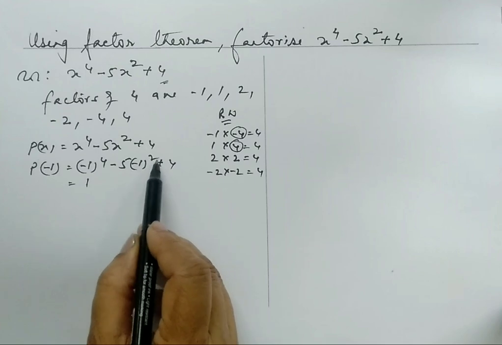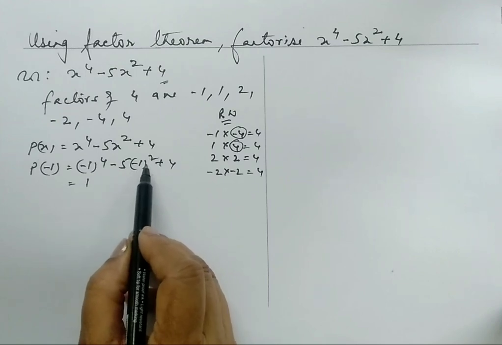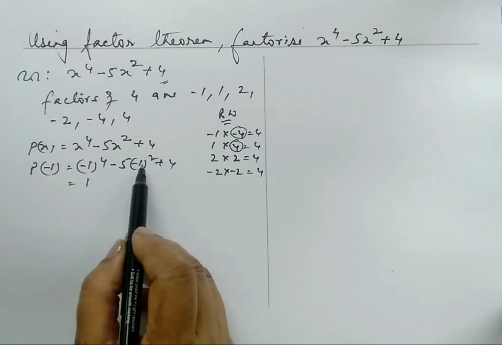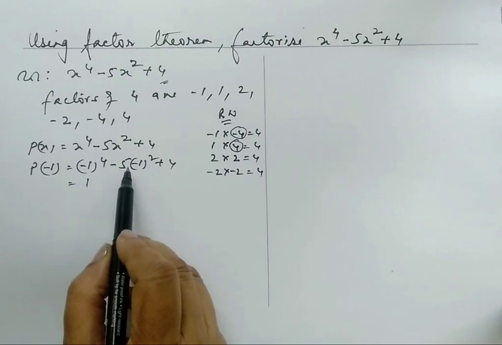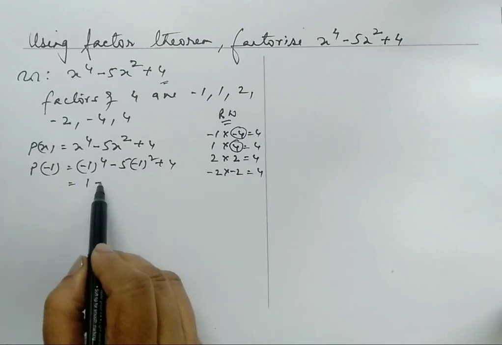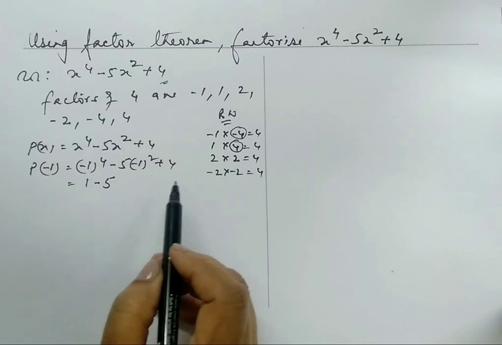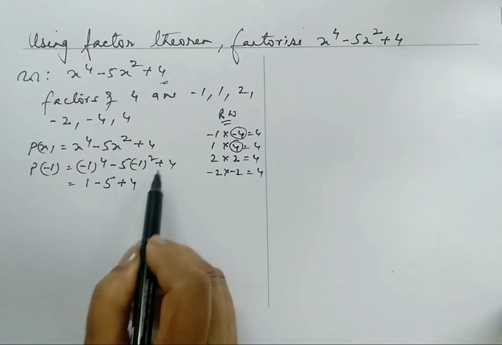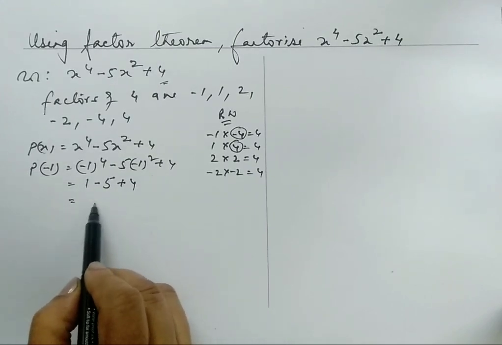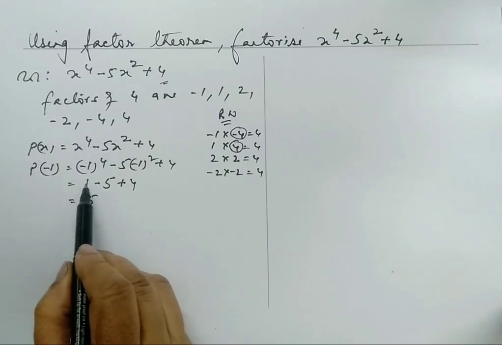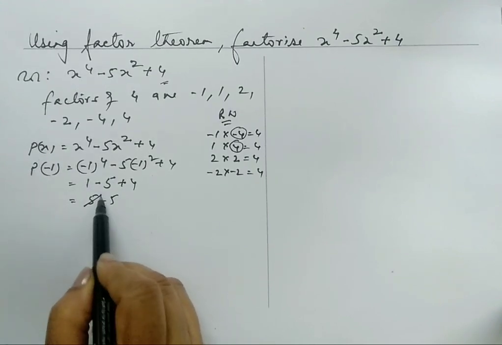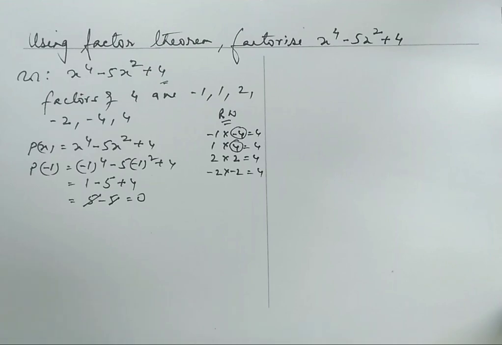We have an even power here, so there will be a positive 1. And positive 1 multiplied by a negative 5 will give me a minus 5. Clear guys? And 4 is to be copied the same. Here we have 5 positive, this plus this, and minus 5, which is equal to 0.